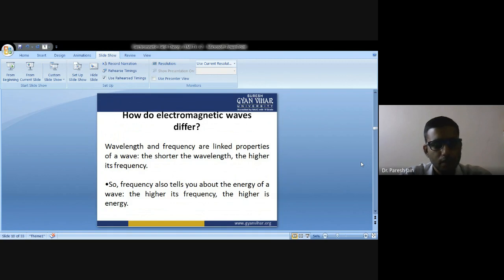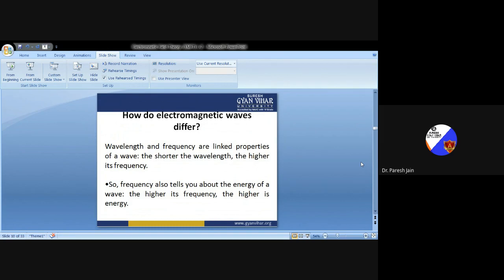So frequency also tells you about the energy of a wave. The higher its frequency, the higher its energy. Means frequency is directly proportional to the energy of a wave.